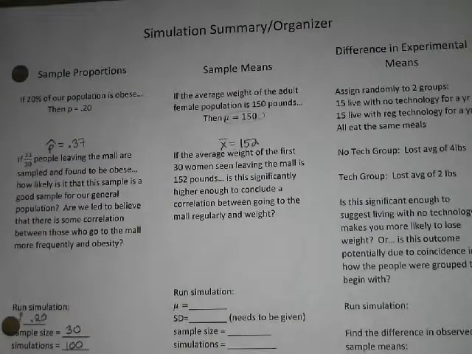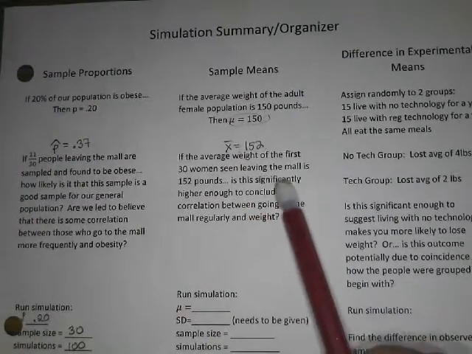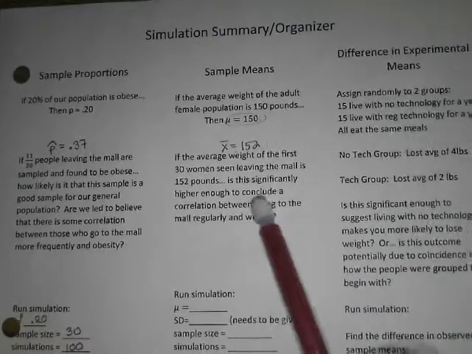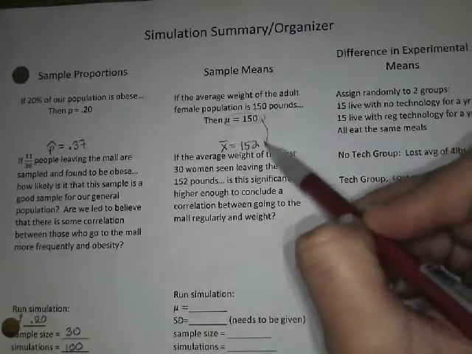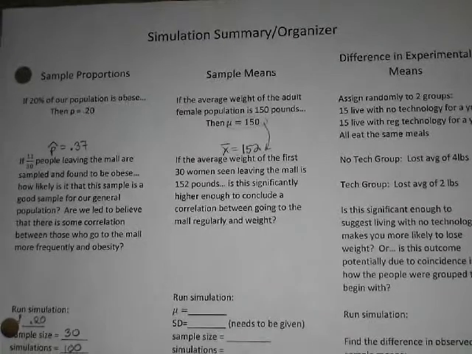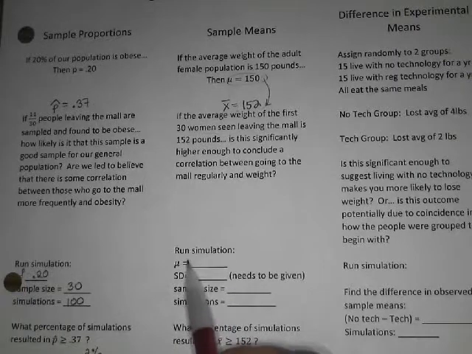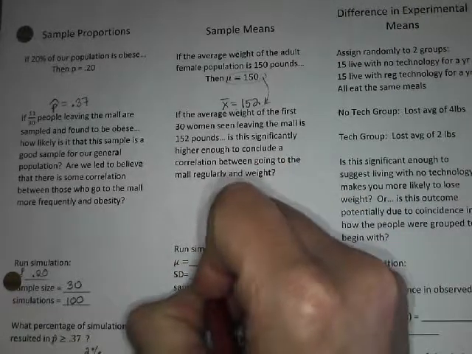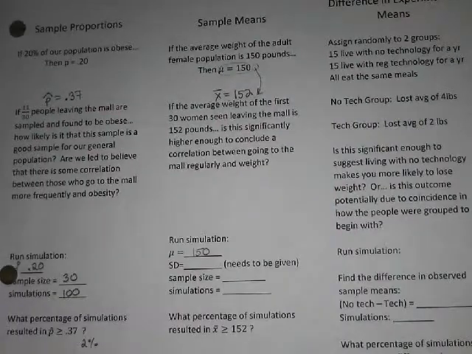But then again, if the question is, is this significantly higher enough? Obviously the sample weight is higher by 2 pounds. Is that significant enough to conclude that there's a correlation or not? So we would run a simulation with a population mean of 150. Your standard deviation would have to be given to you.